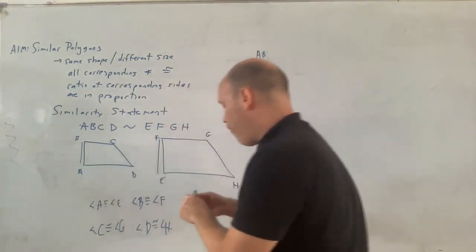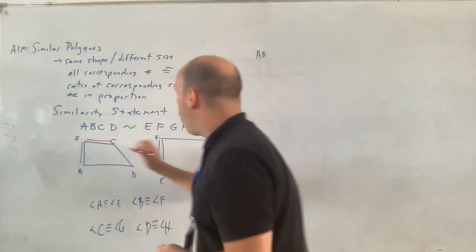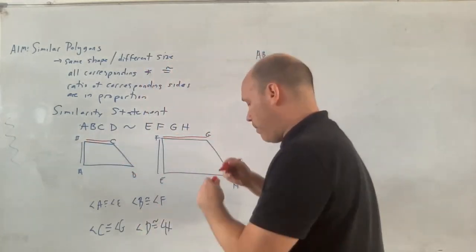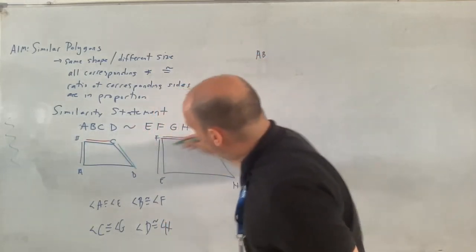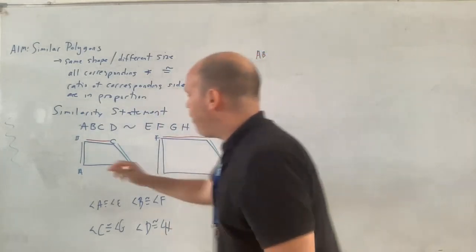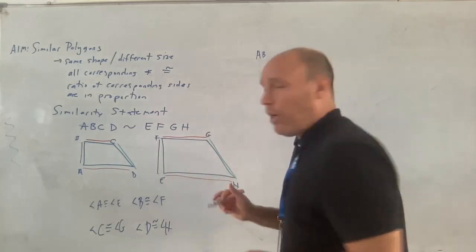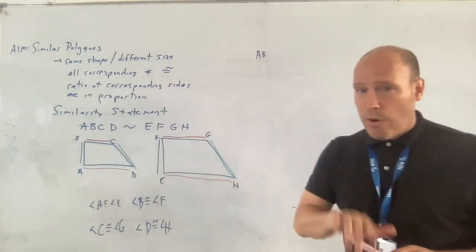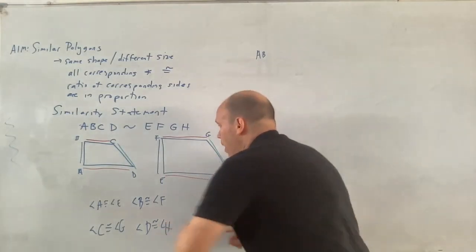BC corresponds with FG. CD corresponds with GH. And AD corresponds with EH. They correspond, not congruent, but the idea is the ratios are in proportion.